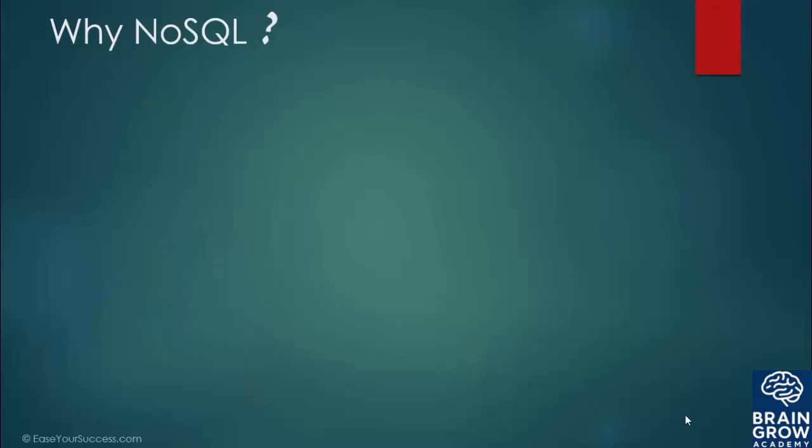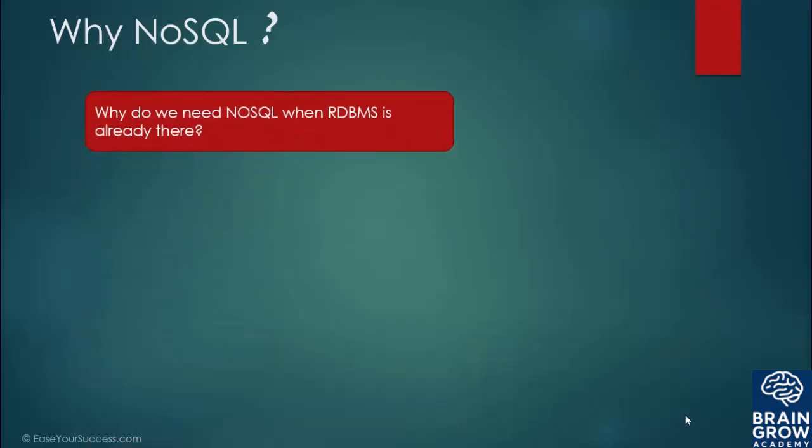So the next big question is, why do we need NoSQL database when we are already having powerful relational database management systems like Oracle, DB2, MySQL and others? So the answer is, with the increase in internet, companies like Google, Amazon, Yahoo, eBay, they started getting huge amount of data with the growing internet traffic and activities over the social media and other websites, which has given birth to a new data called big data, which is unstructured, sometimes semi-structured and also unpredictable in nature.